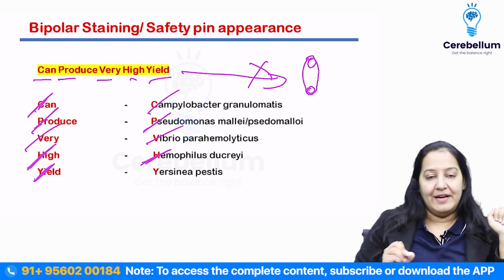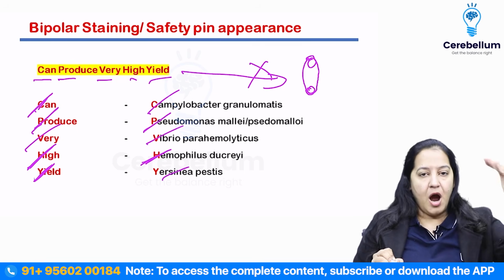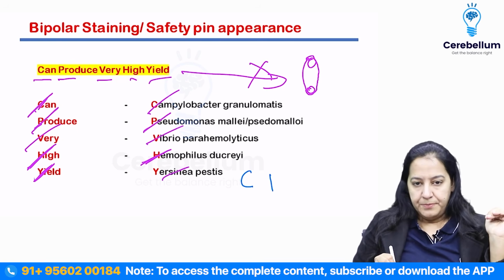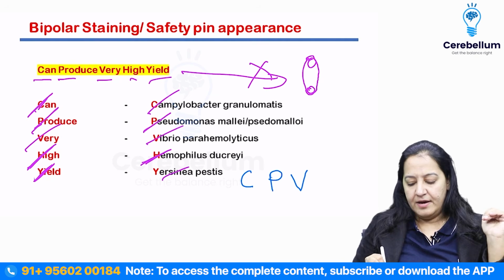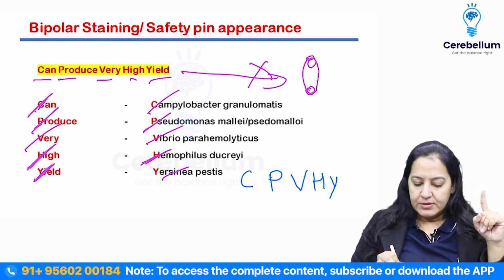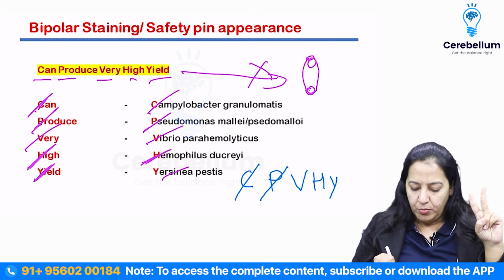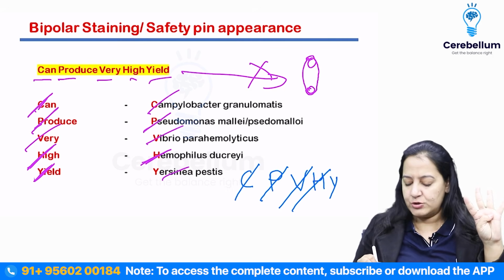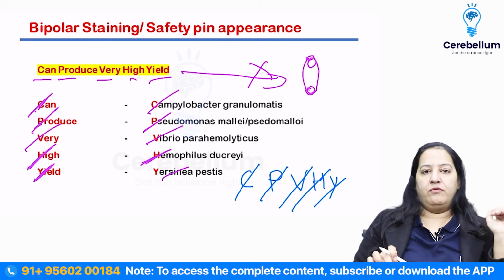And yield, Y, it's Yersinia. So, can't produce very high yield: Campylobacter, Pseudomonas mallei, Vibrio parahaemolyticus, Haemophilus ducreyi and Yersinia. Please say the full form.